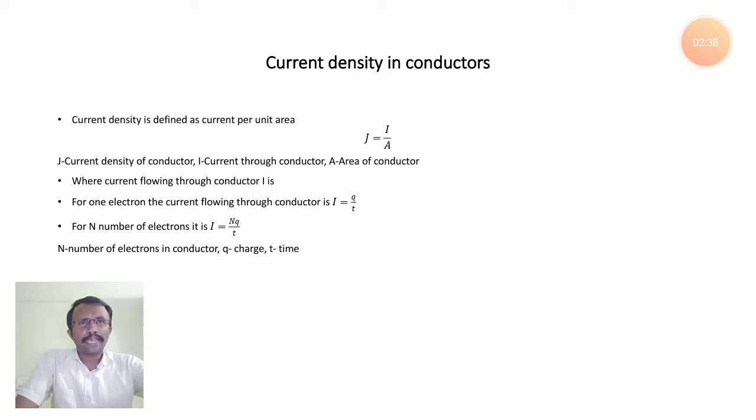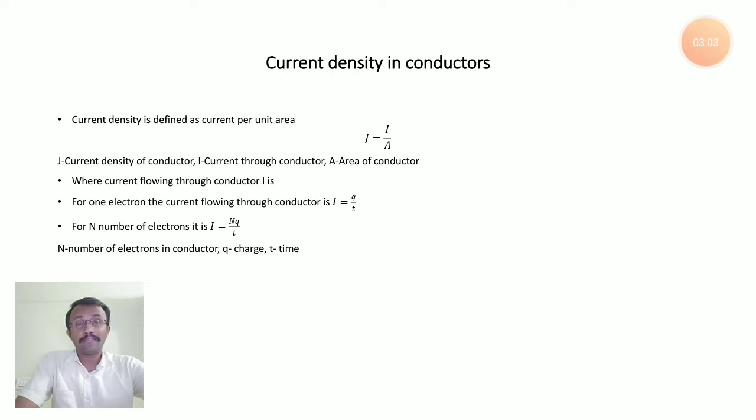What are the units for current I? Amperes. What are the units for the area of cross section? Meter square or centimeter square. So the units for current density are ampere per meter square or ampere per centimeter square.